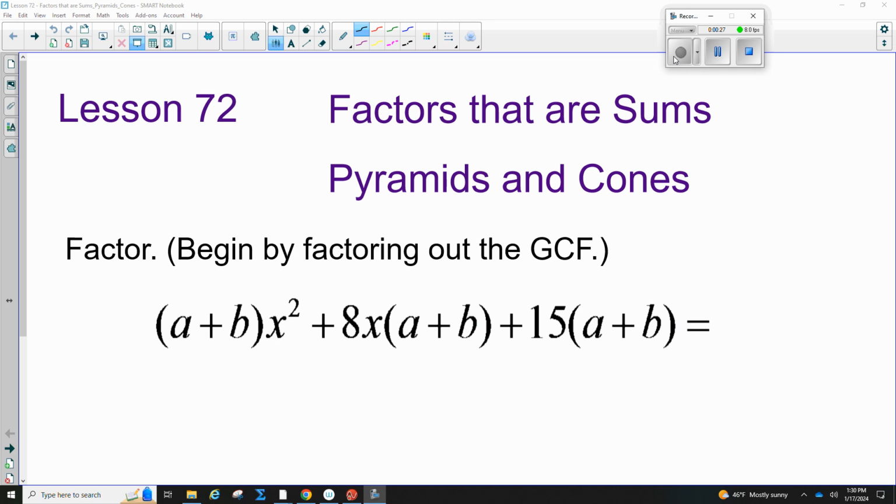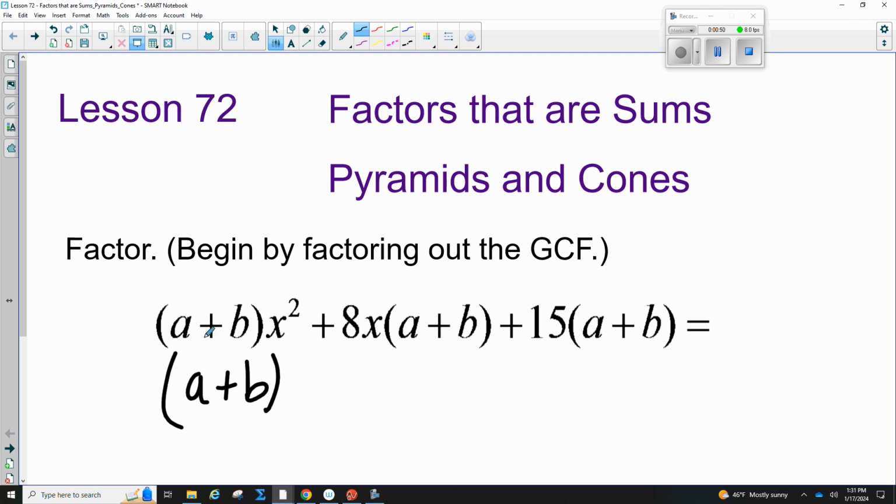So the first thing we always do is factor out a GCF. The weird thing about this is what's common is actually a binomial. There's a sum that's common. Every single one of these has an a plus b, so the a plus b gets factored to the front.